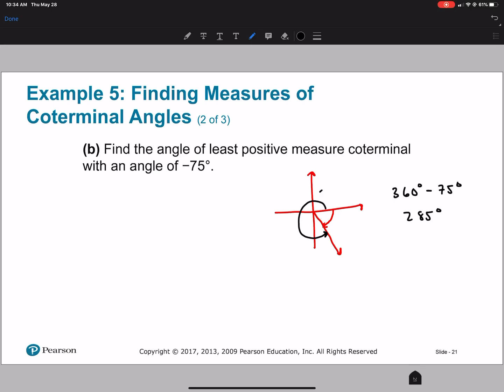So this would be 285 degrees, then this is my negative 75 degrees. So it's 285 degrees. That's my least positive coterminal angle. So let's keep looking.